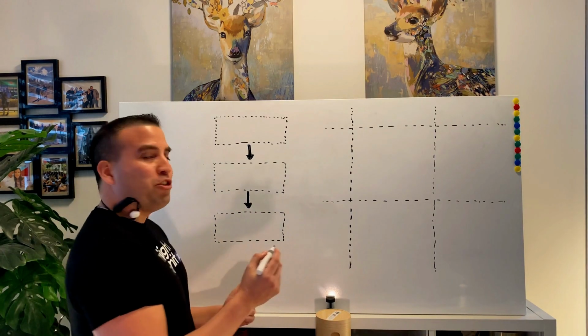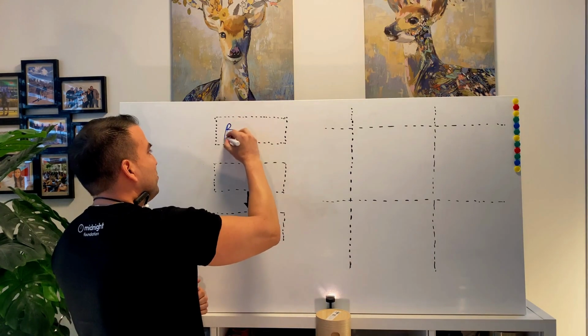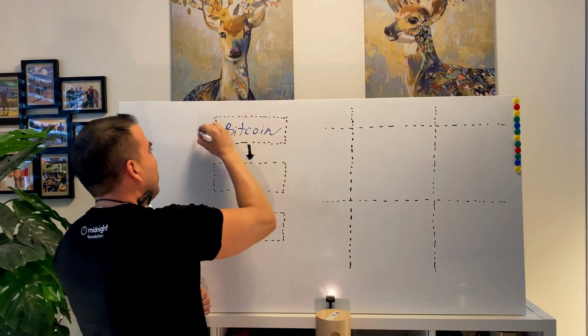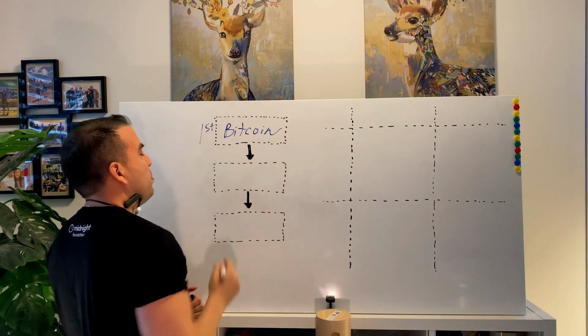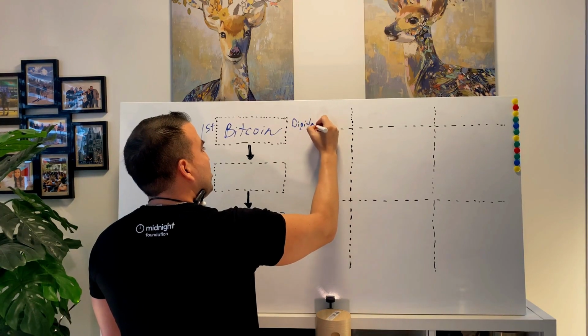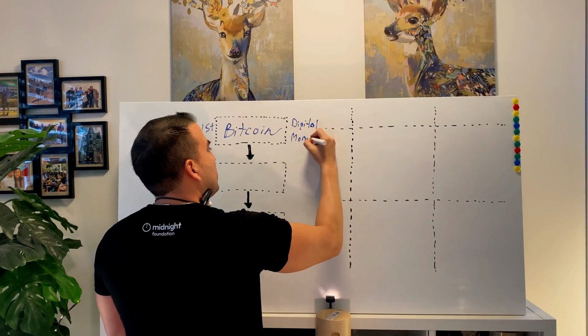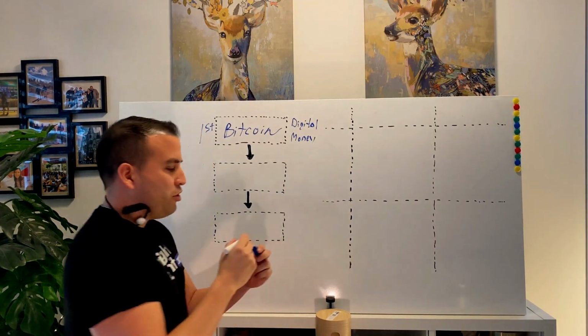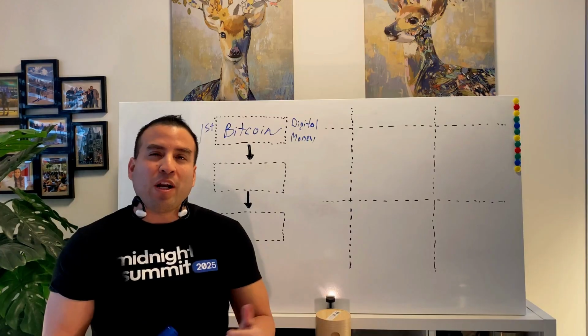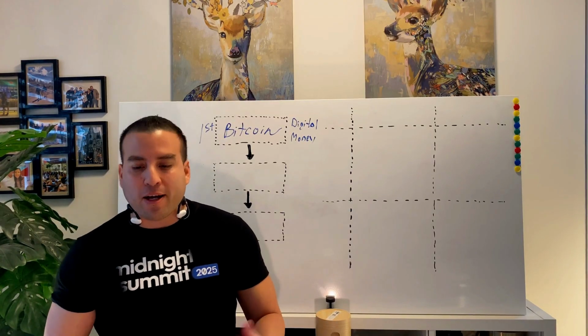We have the first generation, Bitcoin. With Bitcoin, we achieved what we know as digital money. It was the first time we actually managed to transfer value without the need of a middleman, a bank.